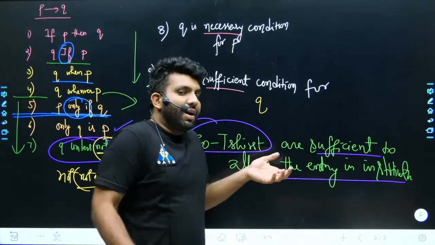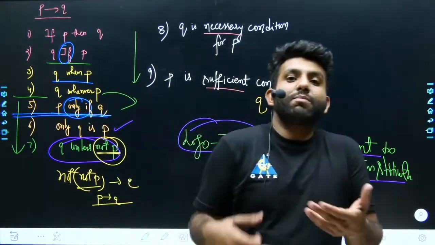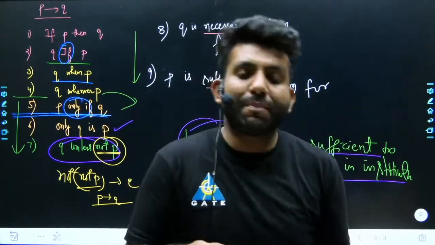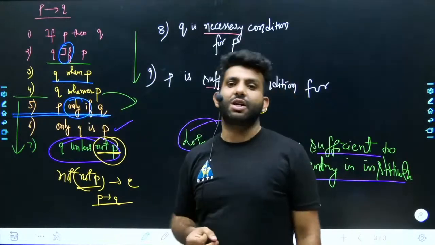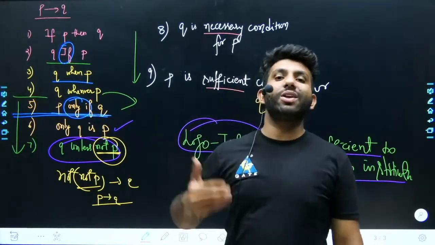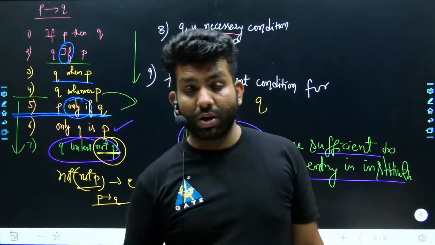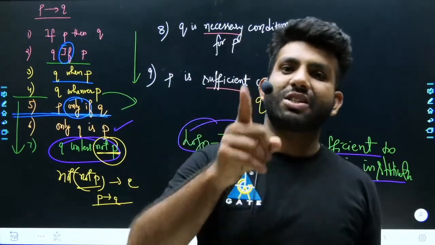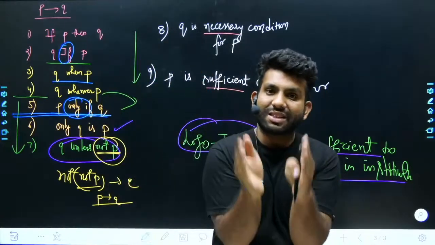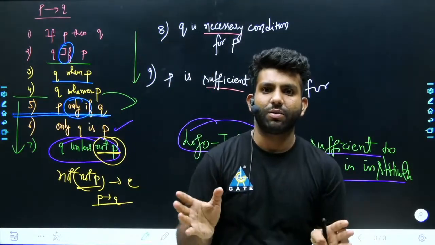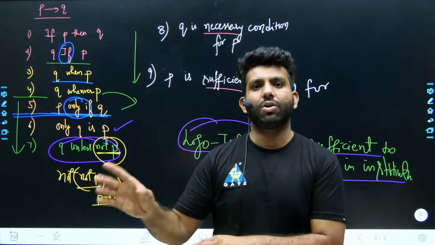There may be a number of conditions for which I may be allowed an entry inside the institution. One sufficient condition means that's enough. If someone is fulfilling this criteria, then it's fine. He or she is eligible.